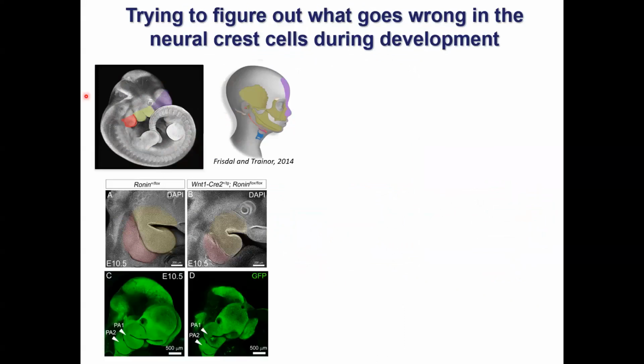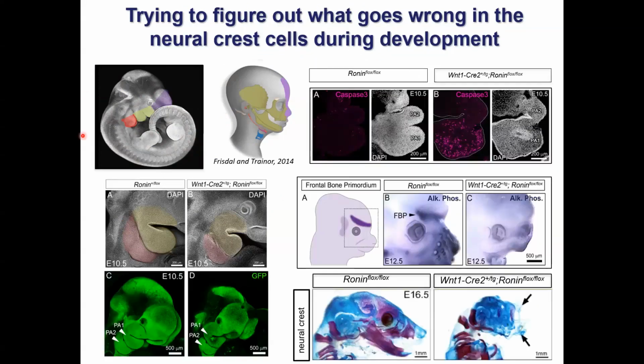The only thing I'm going to say about this slide is that we're using a lot of different techniques, including immunohistochemistry, immunofluorescence, in situ hybridization, and skeletal preparations, to figure out what goes wrong in these cells when you take this gene out.